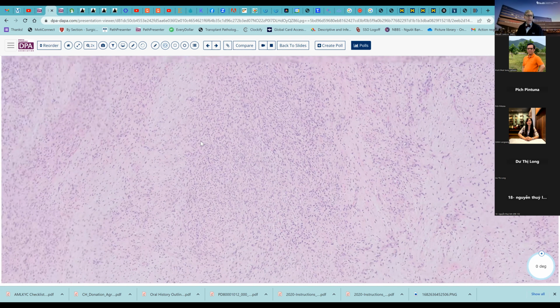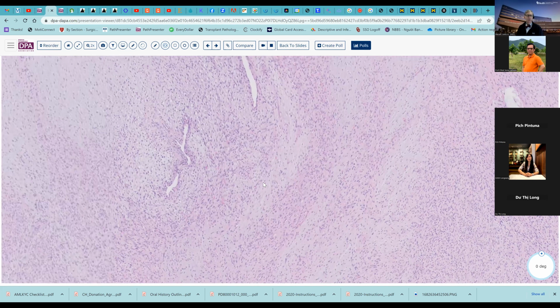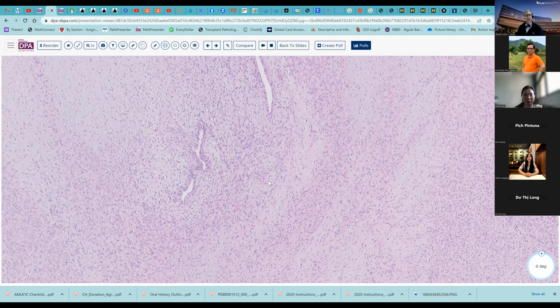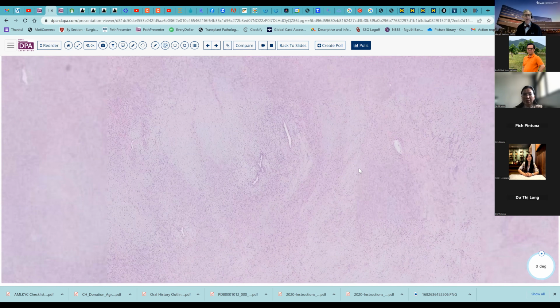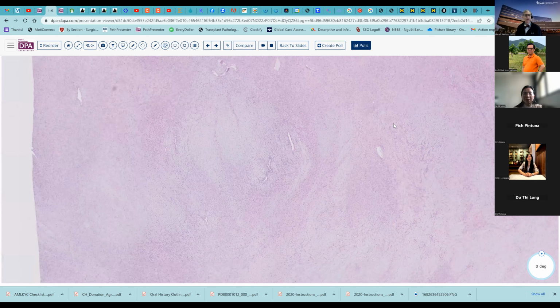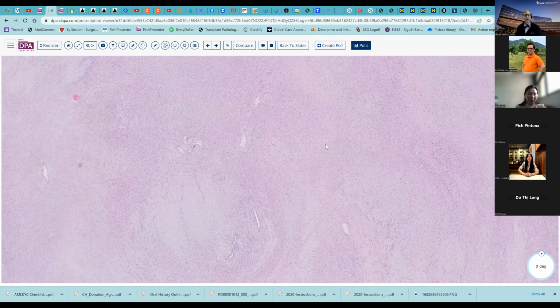So I don't find the vasculature particularly helpful, except that if I saw big vessels in this, I would maybe not think about this lesion. So if you have big gaping vessels, then I might go more towards solitary fibrous tumor or angiomyxoma or something else.